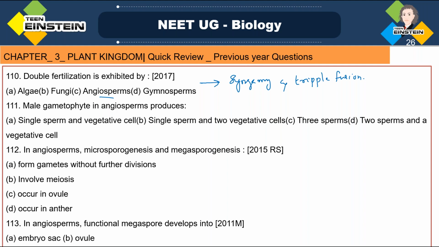Next question is, male gametophyte in angiosperms produces: option A, single sperm and vegetative cell; single sperm and two vegetative cells; three sperms; two sperms and a vegetative cell. Which is the right answer? Two sperms and a vegetative cell are produced by the male gametophyte in angiosperms.